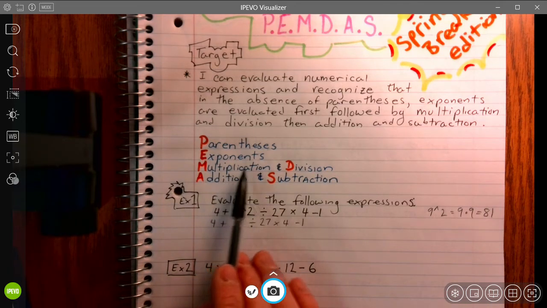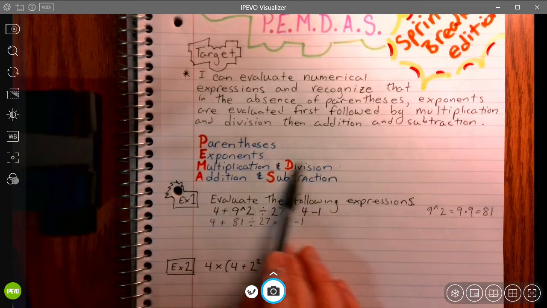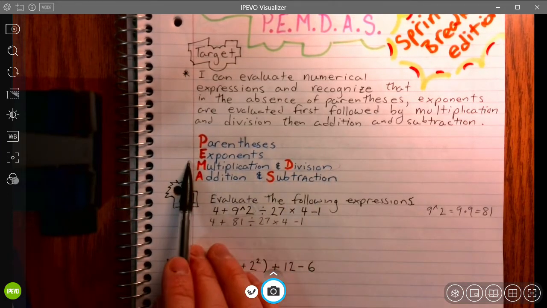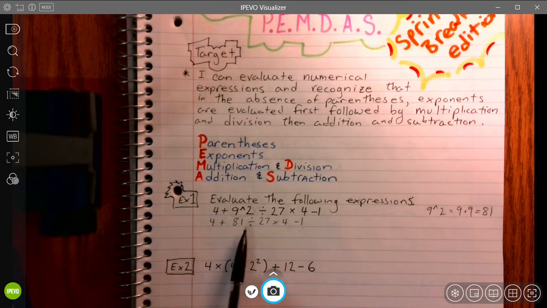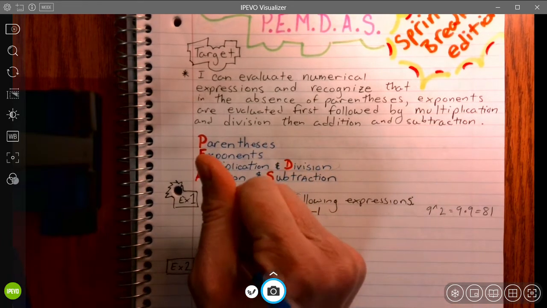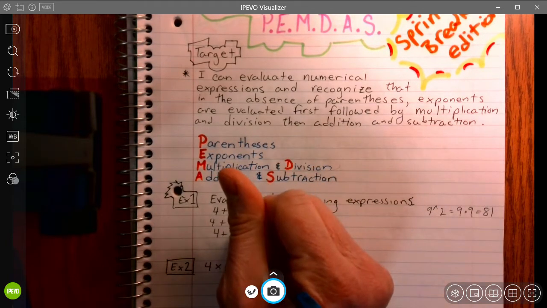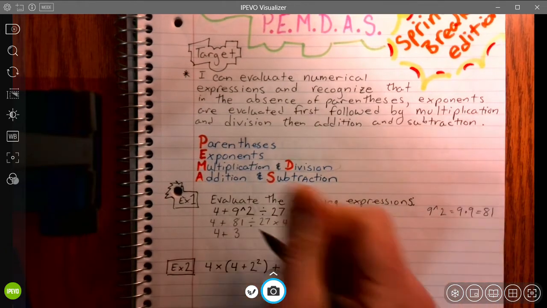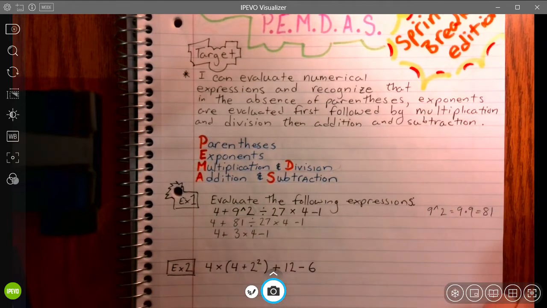Even though multiplication comes first in the acronym, I lumped these together, multiplication and division, because if I'm reading from left to right, I'm going to perform whichever operation comes first. In this case, division comes first, so I'm going to perform the division first. 81 divided by 27 is 3, so we have 4 plus 3 times 4 minus 1.